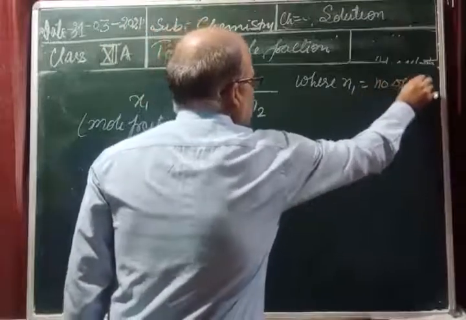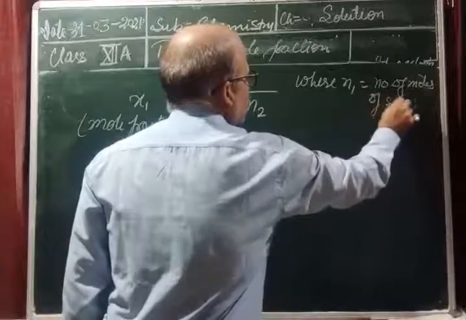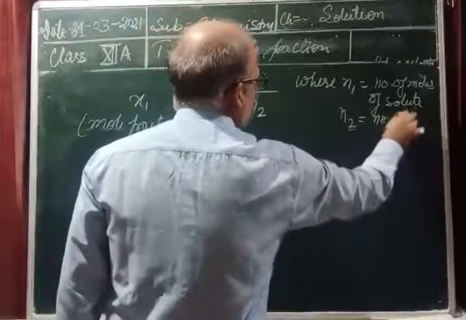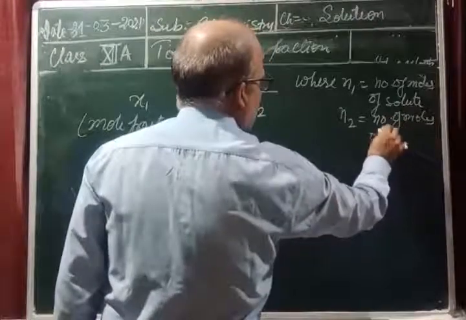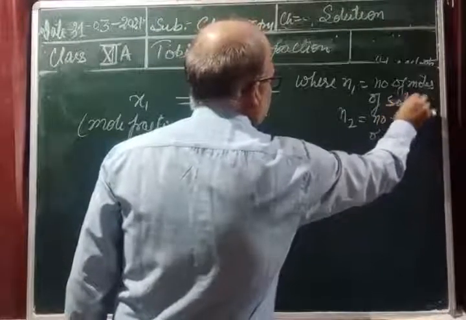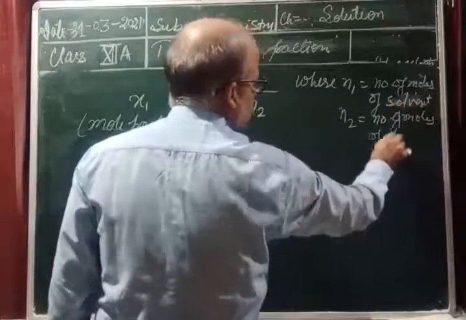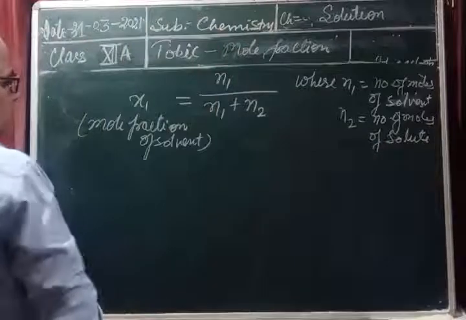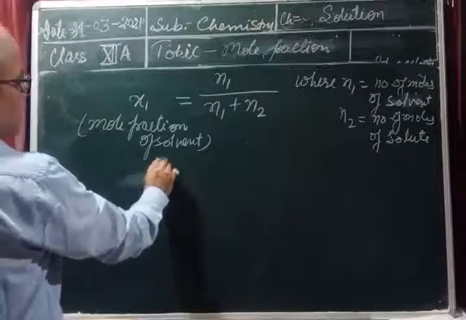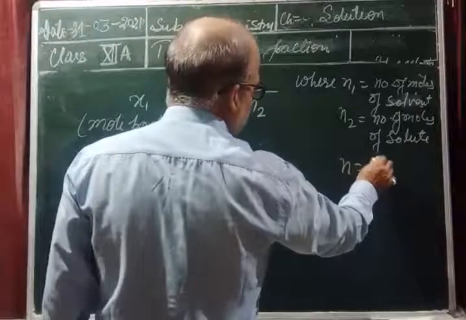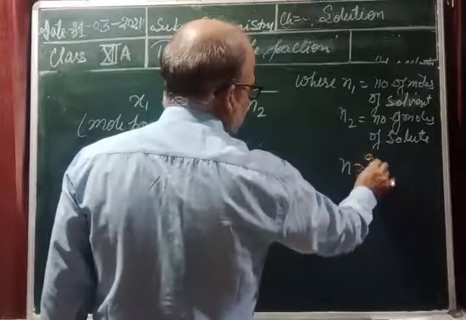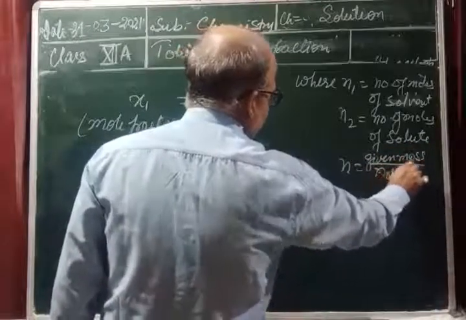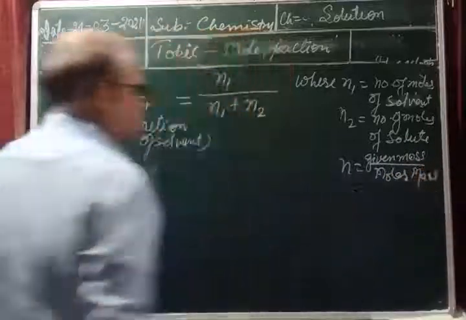Here 1 is for solvent, always remember this, and 2 for solute. Similarly, as you know, moles N is equal to given mass upon molar mass.